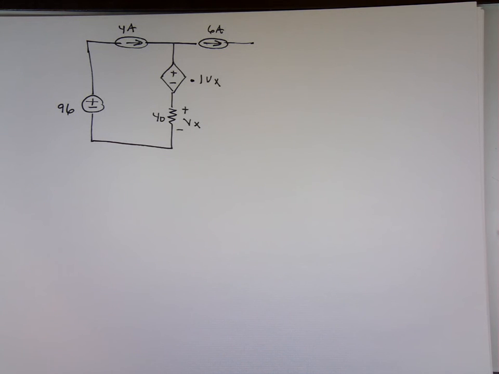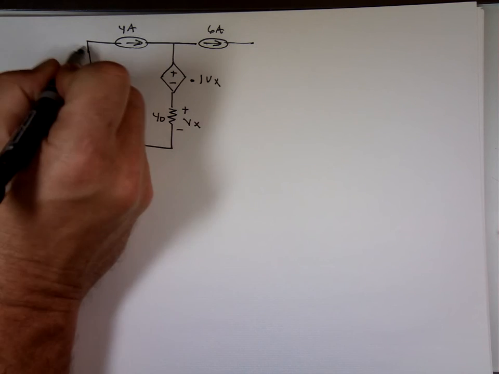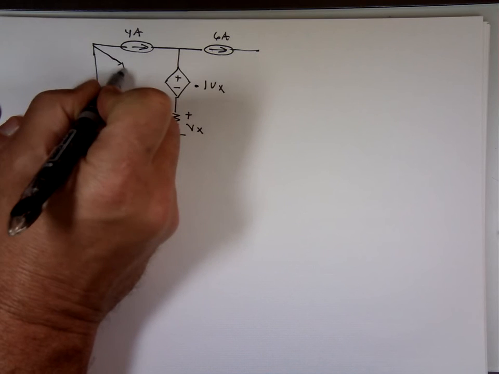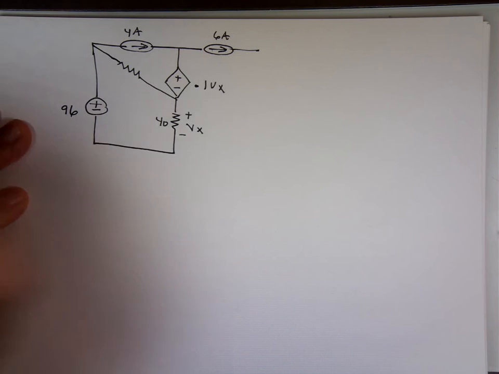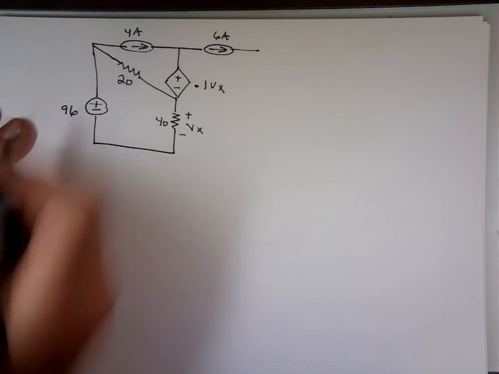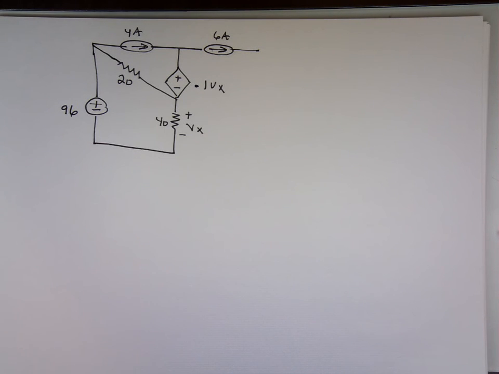Let's put this is 20. I just don't like the way I wrote the 0.1 Vx because it's in the way. I need an eraser. Oh, there we go.